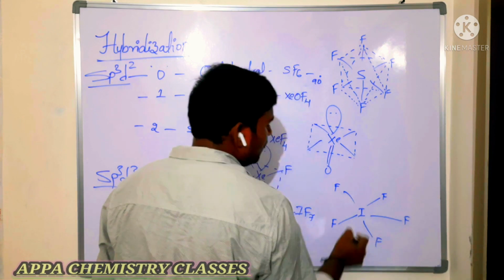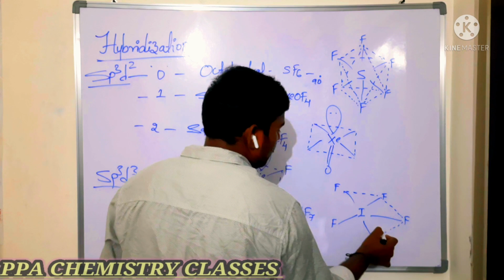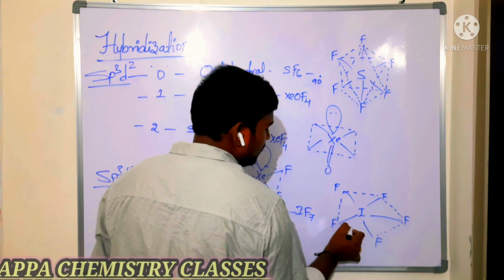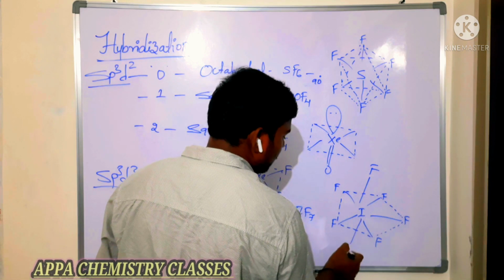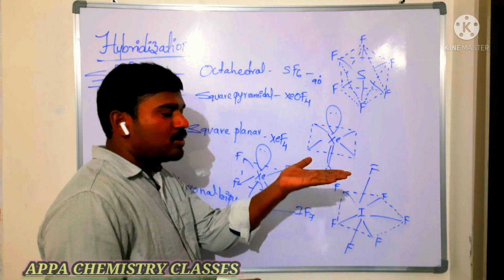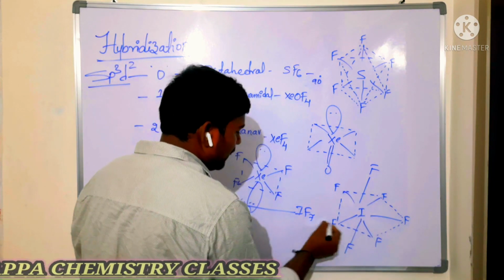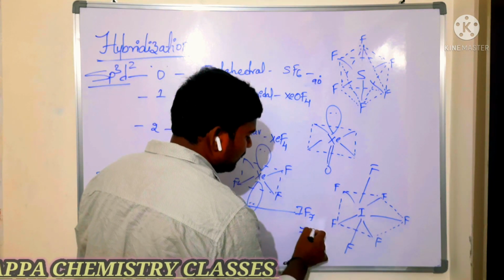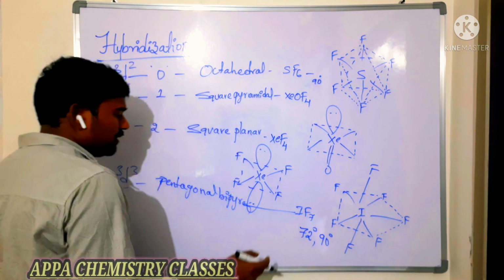This is the pentagon, and one more fluorine will be perpendicular to it. The pentagon is planar, and the 2 fluorine atoms are perpendicular. In the pentagon each bond angle will be 72 degrees, and the perpendicular ones will be 90 degrees. Is that clear?